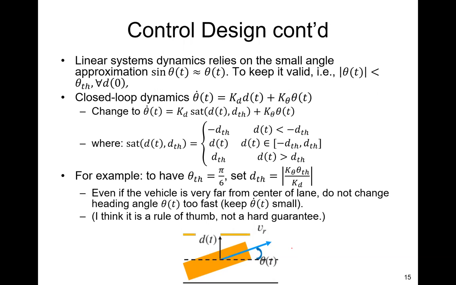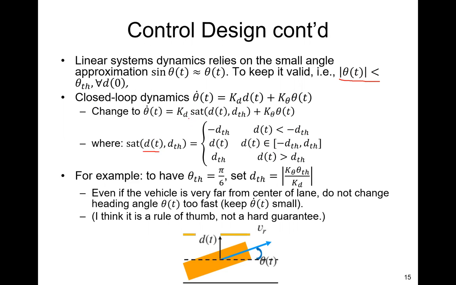And then, to maintain the small angle assumption, that theta's magnitude does not exceed the threshold, we impose an upper bound on the dt used for computing the P controller.